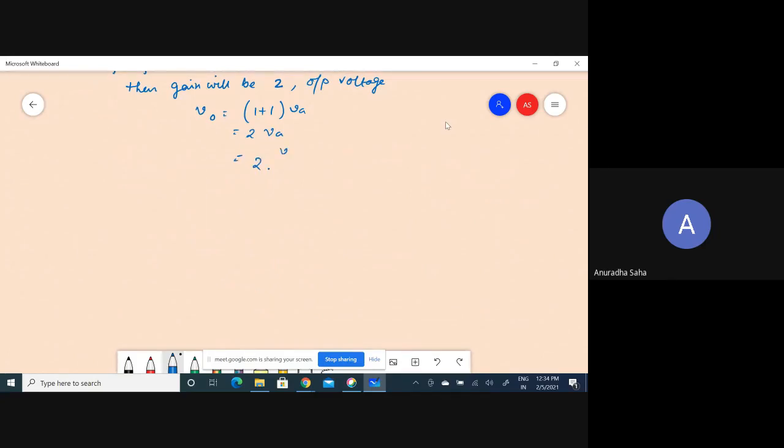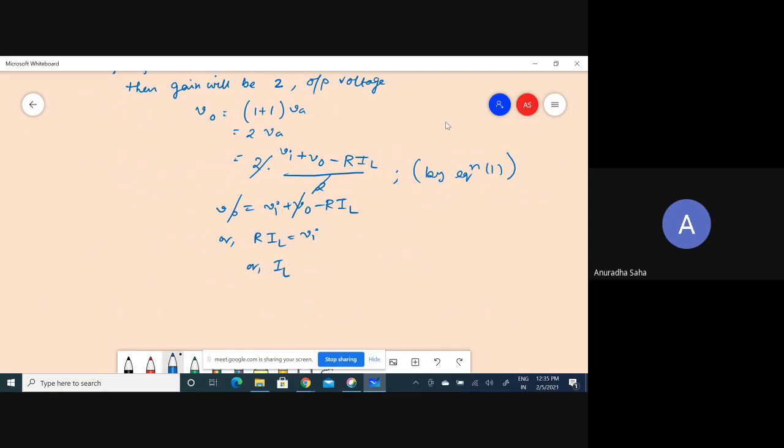VA was VI plus VO minus R into IL, whole divided by 2. So this 2 will cancel out and you will get VI plus VO minus R into IL, and here you will have VO. Again this VO will cancel out and you will only get RIL equal to VI, or IL, the load current, is equal to VI by R.